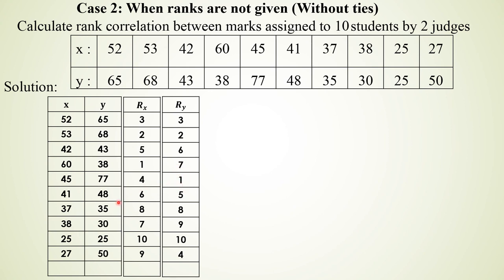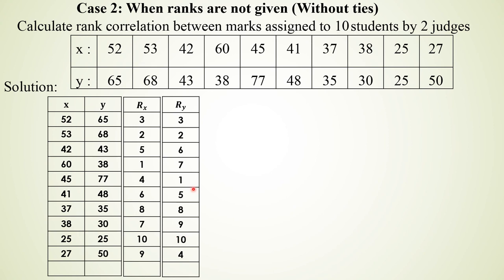Next highest is 68, second rank. 65, third rank. 50, fourth rank. 48, fifth rank. 43, sixth rank. 38, seventh rank. Next 35, eighth rank. 30, ninth rank. And 25, 10th rank.